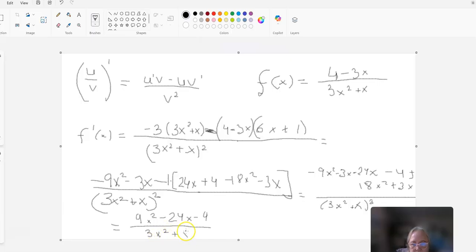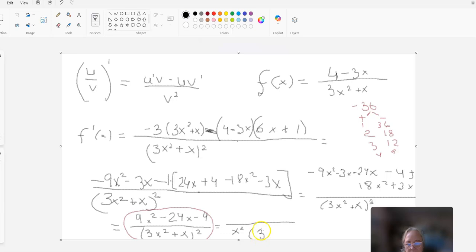We need to try to factor the numerator. We, of course, can factor the denominator. As you can see, we can take x from 3x squared plus x, and then it is squared. An alternative method for writing the answer could be x squared at the bottom because you took x, and then squared, x squared times 3x plus 1 squared.